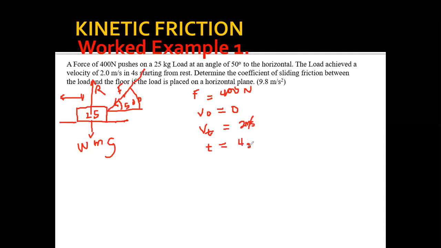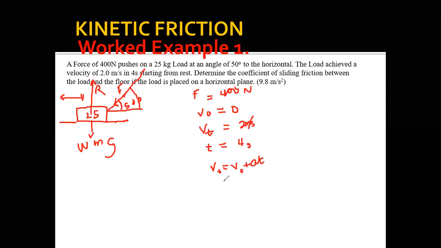Because this body is moving from rest and has attained velocity, it means we have acceleration in there. And to find acceleration, we all know which equation to use. We know that Vt is equal to V naught plus At.